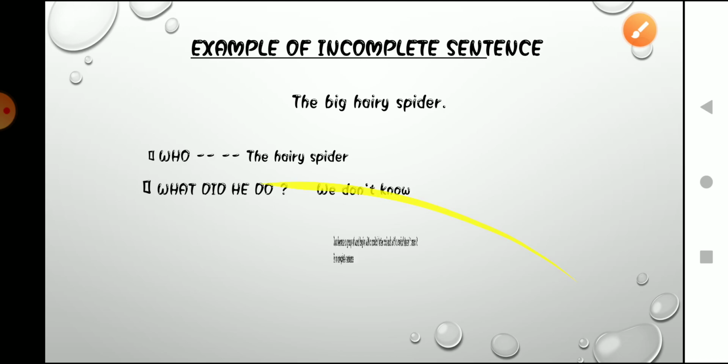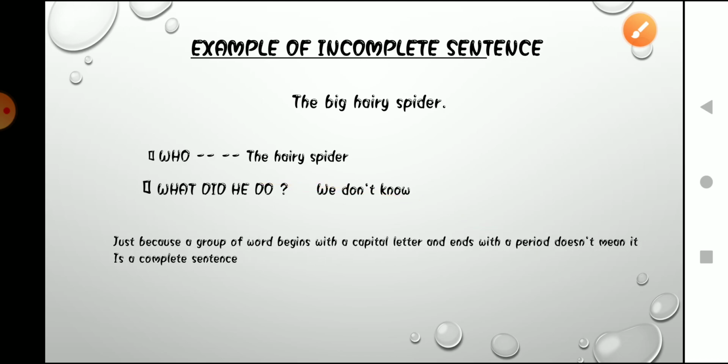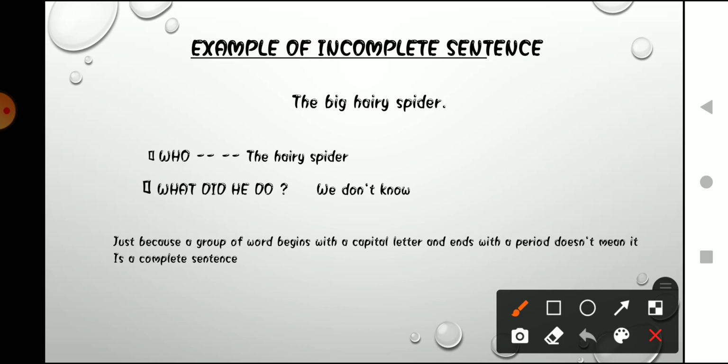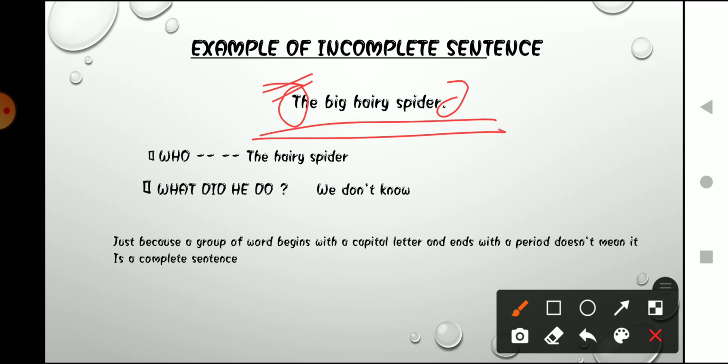Just because a group of words starts with a capital letter and has a period, or a full stop, in it doesn't mean it is a complete sentence. We have this sentence, "The big hairy spider." Just because it has a capital letter and a full stop doesn't mean it is a complete sentence.